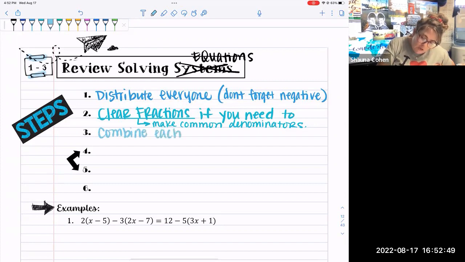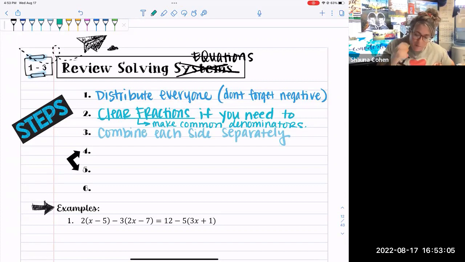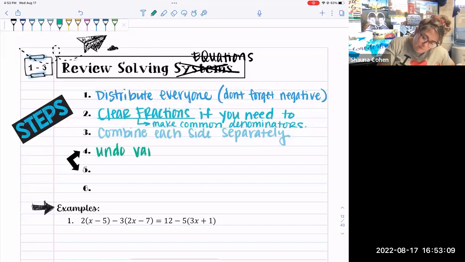Combine each side just like we did yesterday separately. Then you go to the next level. This is where you're actually going to solve. You're going to undo the variables to one side.